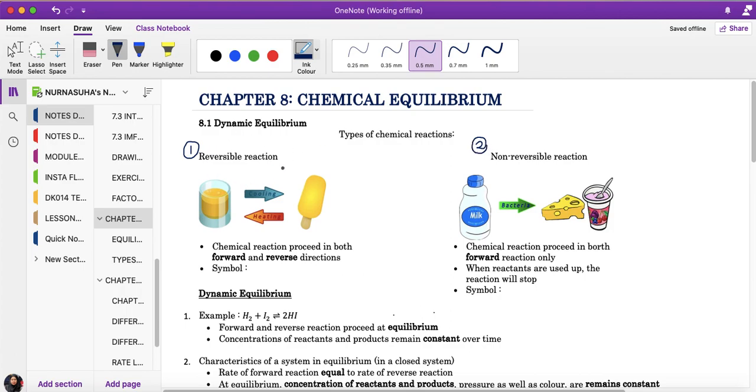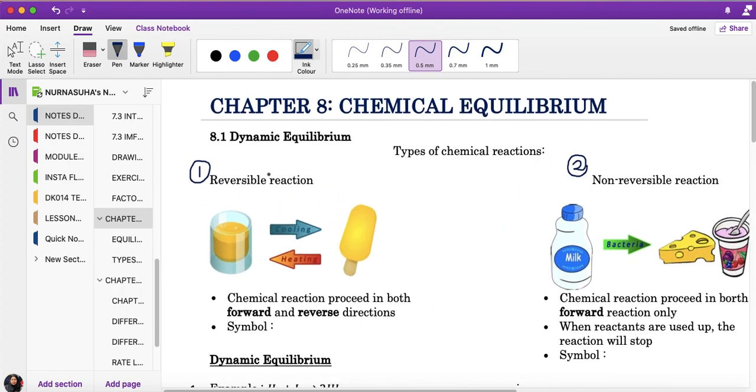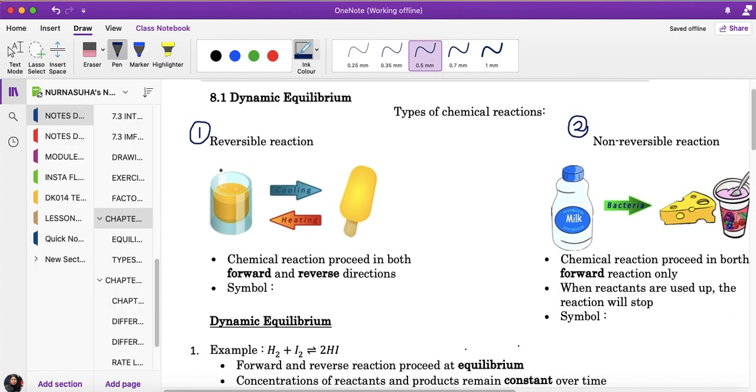So for reversible reaction, for example, we have this orange juice. When we freeze it in the freezer, what happened? The juice will become ice cream. Means that the state of matter changes from liquid to solid.